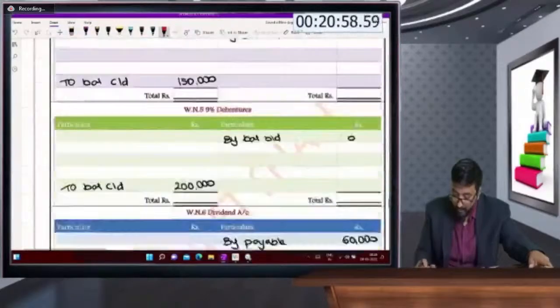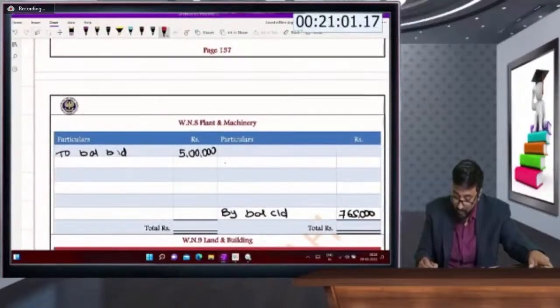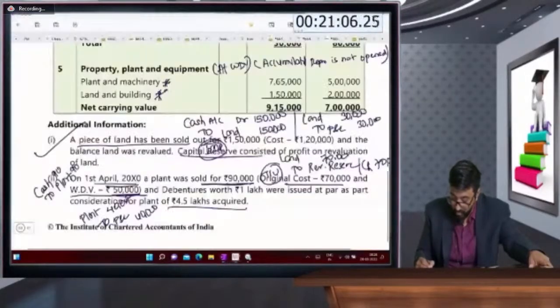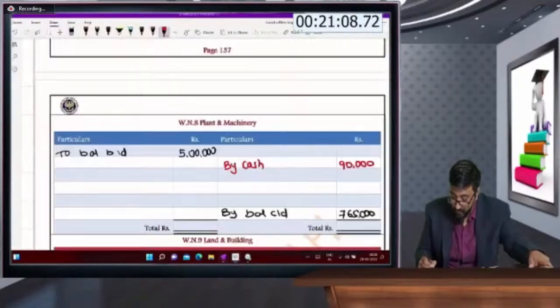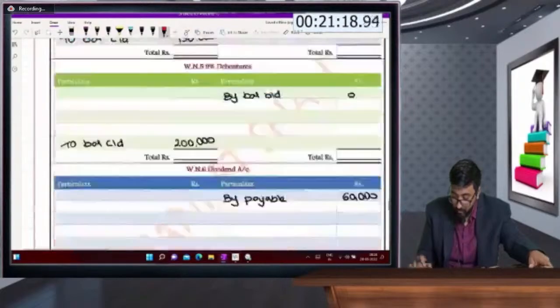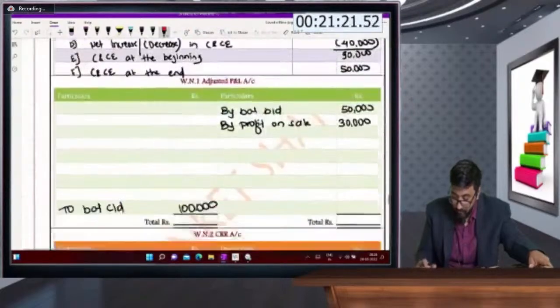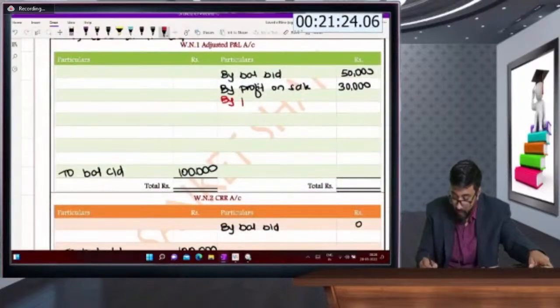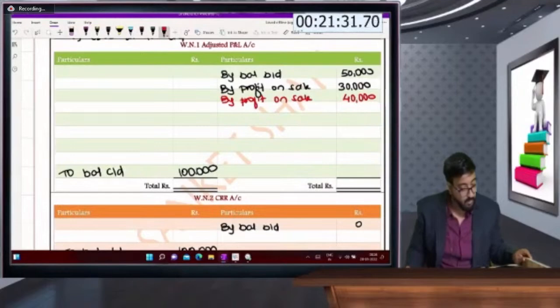Plant account credit side, red pen only, by cash 90,000, and WDV is 50,000. So to profit on sale, 90 minus 50, 40,000. By profit on sale, 40,000.